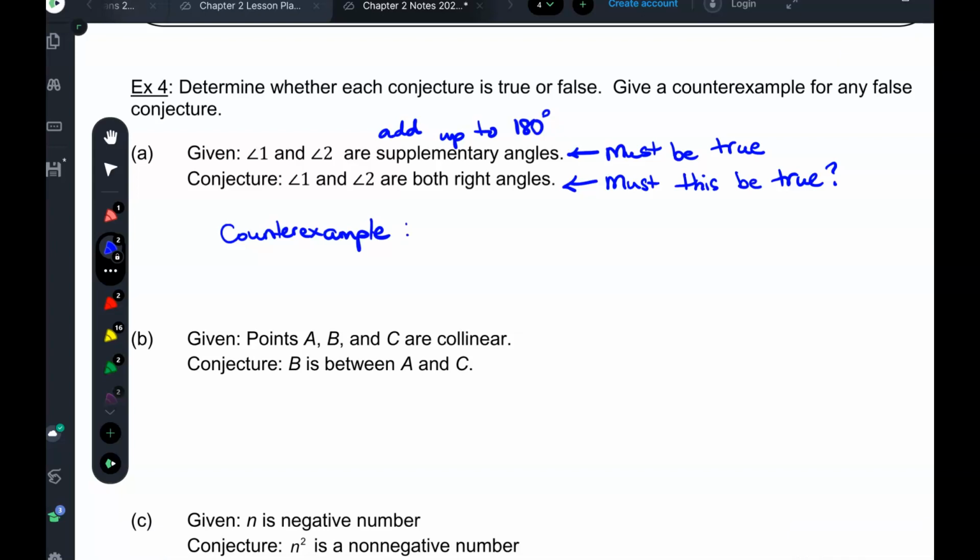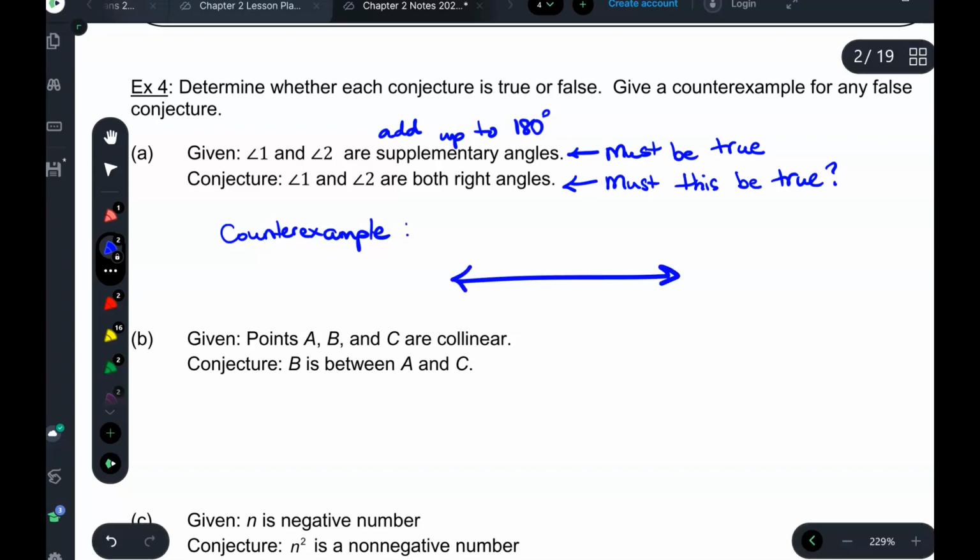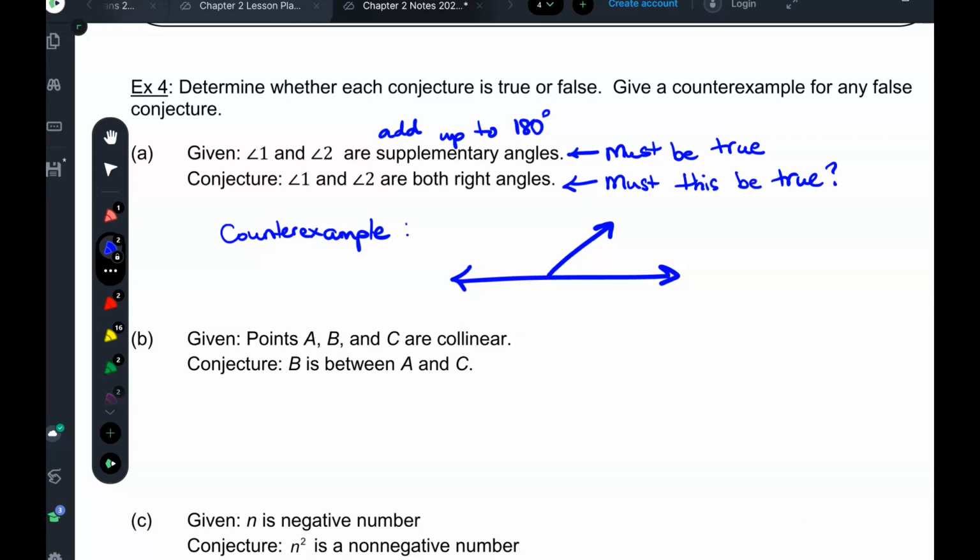Yes. Okay, here's what I'm going to do. I'm going to draw a picture. I'm going to make a linear pair. Do you remember linear pair from chapter 1? It's two angles that form a line, and they also add up to 180. Now, this is not enough because I need to make sure that I have a detailed drawing. I'm going to put an angle 1 and an angle 2, because remember, this was referring to angles 1 and 2.